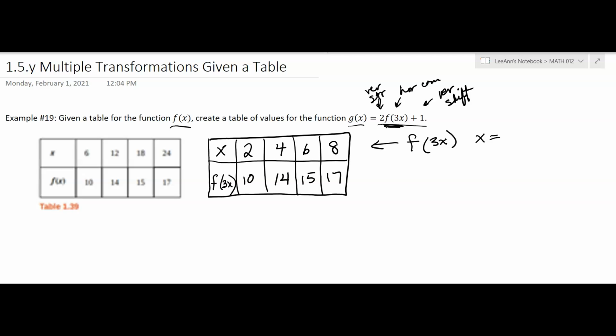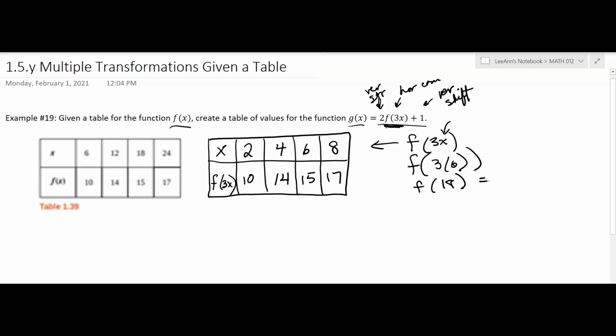That's going to be confusing. I need to multiply them by 1/3. So you can just take an example, okay? So say you put in 6, you'd have 3 times 6, f of that, which would be f of 18.